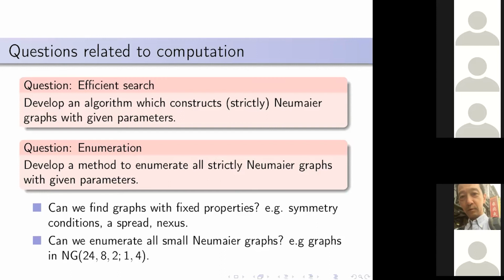And if you wanted to start with trying to tackle the enumeration problem, you might want to think about the smallest feasible parameters for which we have not enumerated the graphs, which is this parameter set 24, 8, 2, 1, and 4.